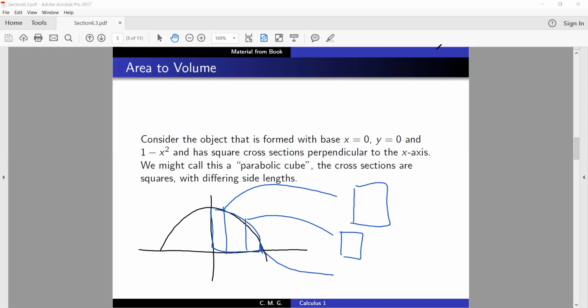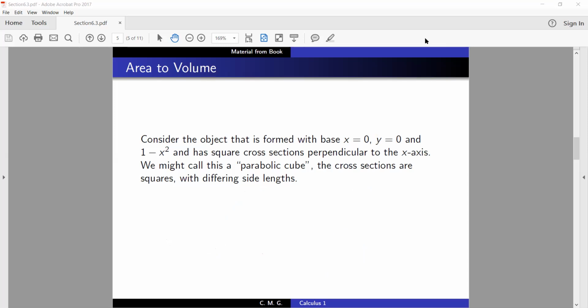The very last squares down here at the bottom are going to have really small side lengths, and at this intersection point the side length is 0. So you're going from a square that has side length 1 down to a square that has side length 0. Now I bump those cross-sectional areas out a little bit with a delta x. That makes it a volume. Then I add them all up, and taking the limit makes it the integral of the function.